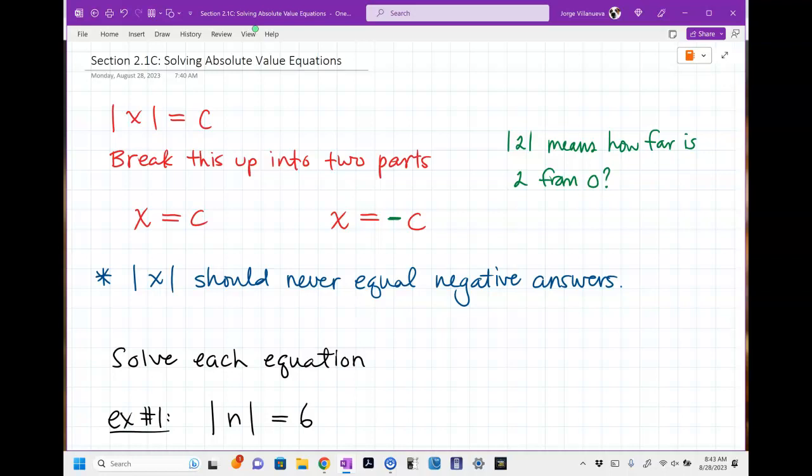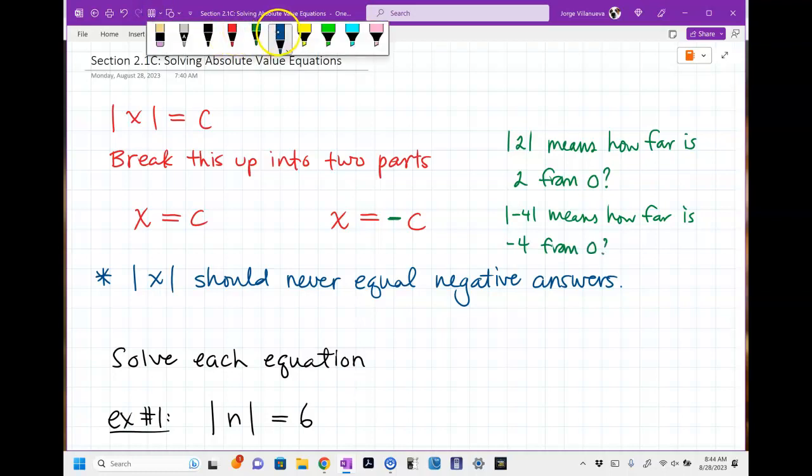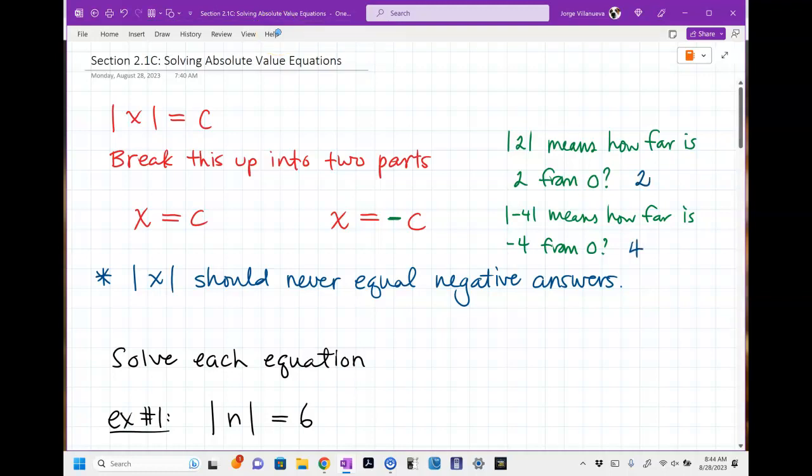So absolute value tells you distance from 0, okay? So even if I were to say the absolute value of -4, that means how far is -4 from 0? And by the way, the answers to those questions that we have up there, this would be 2, and this would be 4. Right? 2 units, 4 units. Just think of the number line. It's 4 units away.